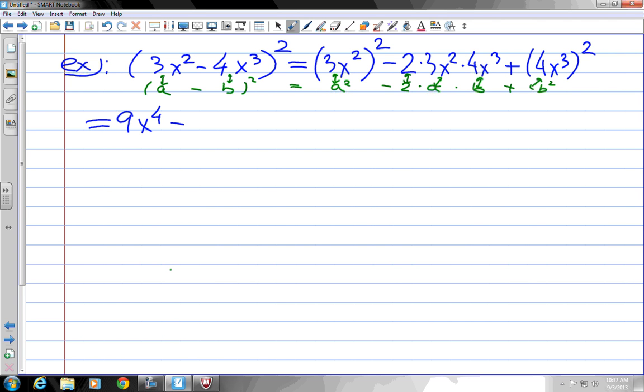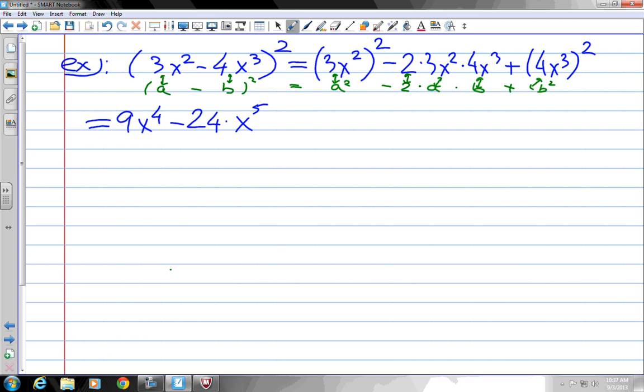Minus. Let's compute the coefficients. 2 times 3 times 4, 24. And now what do you do with exponents? X squared times x cubed. Add them, right. X to the 5th. Good. So when we multiply, we add exponents. When we raise a power to a power, we multiply exponents. Remember how we talked about that?